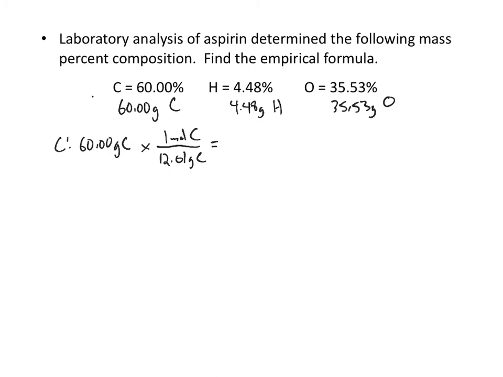That gives me 5.00 moles of carbon. Just a word of caution: at the end we're going to round to whole numbers, but don't round too early or you'll mess up your calculations. Keep at least 3, maybe 4 significant figures as you work through these problems.